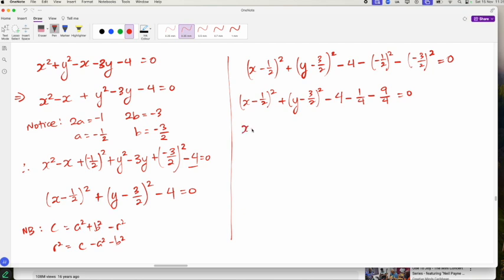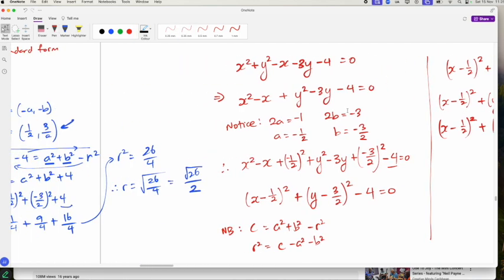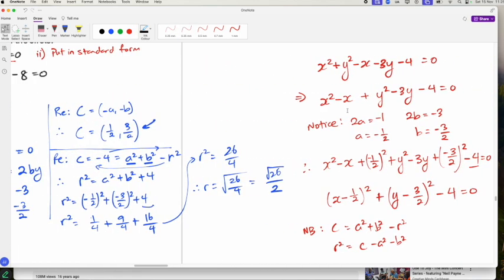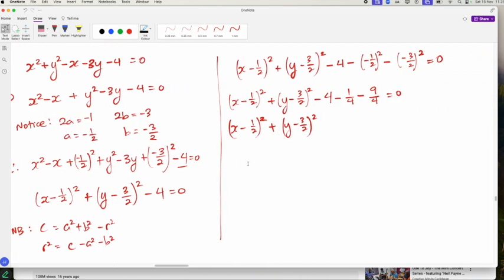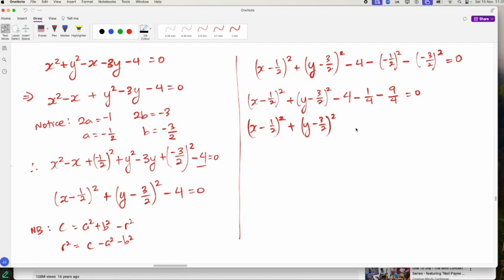So x minus a half squared plus y minus 3 on 2 squared. What did this work out to be when we added all of this? Minus r squared. r squared was 26 on 4. So this will be minus 26 on 4, and this is r squared.